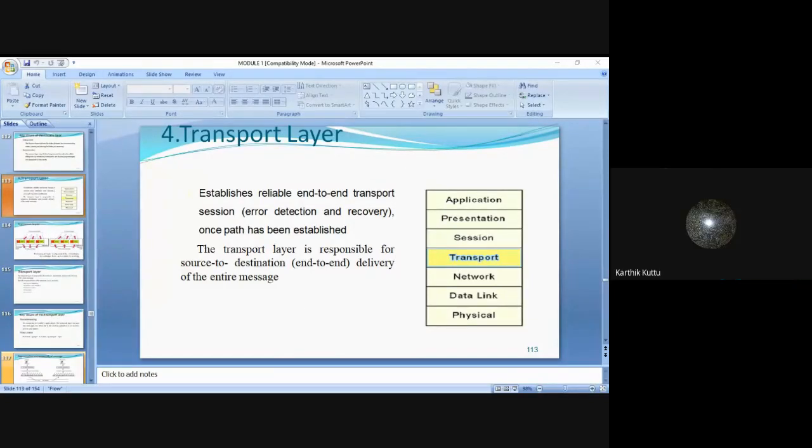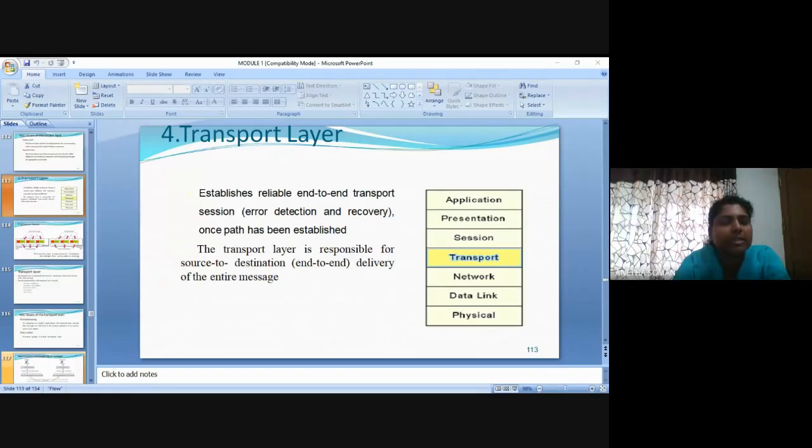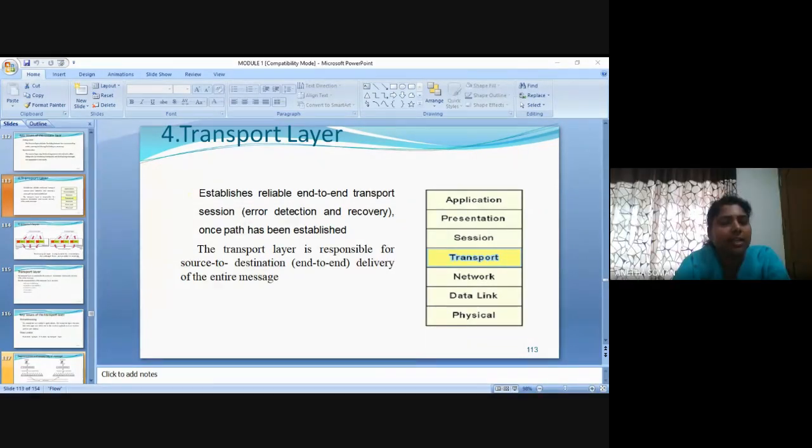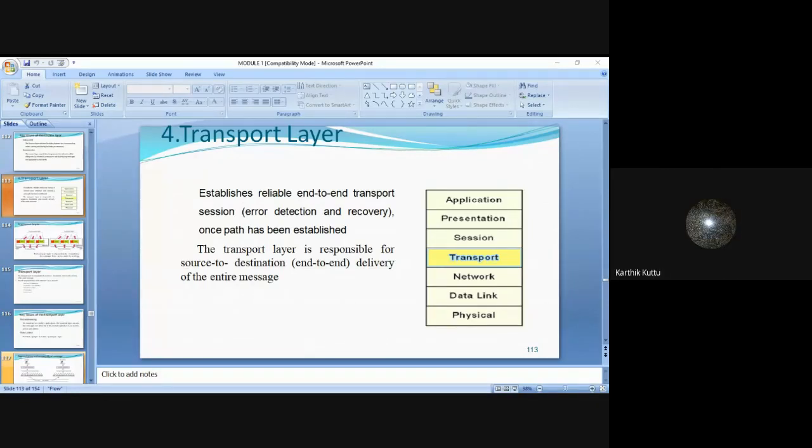Translation, encryption, compression. Yeah, those are the three important functions of the presentation layer: translation, encryption, and compression.